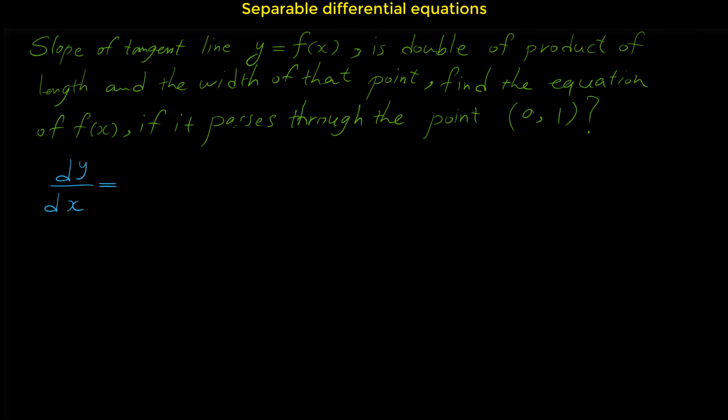Based on the question, the slope of the tangent line is double the product of length by width, which means 2 times length times width, length x and width y.